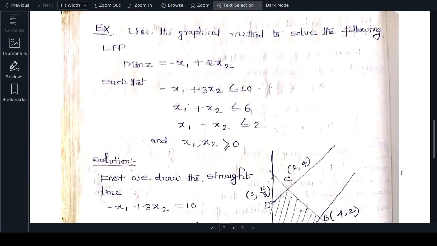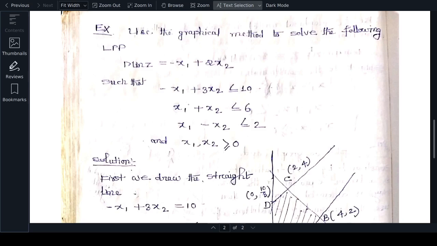Okay, next my question is, suppose one equation is given like this, x1 minus x2 less than or equal to 0. Then how to draw a line for this equation, x1 minus x2 less than or equal to 0? This represents what type of equation?